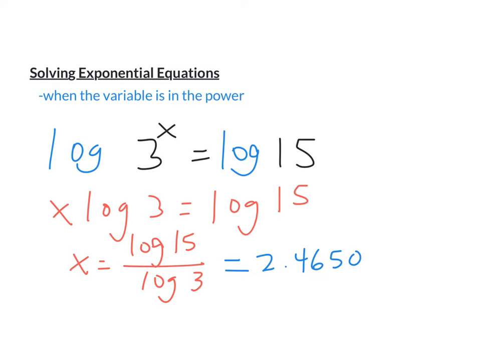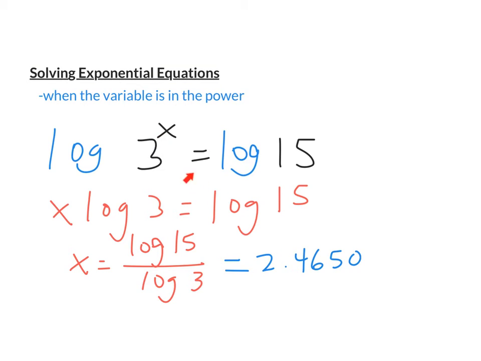How many got that? Okay, so let's understand what that means. The original problem was 3 to the x equals 15. Let's think about this too: 3 squared is 9, 3 to the third is 27, so we would expect that x would be between 2 and 3, which it is.